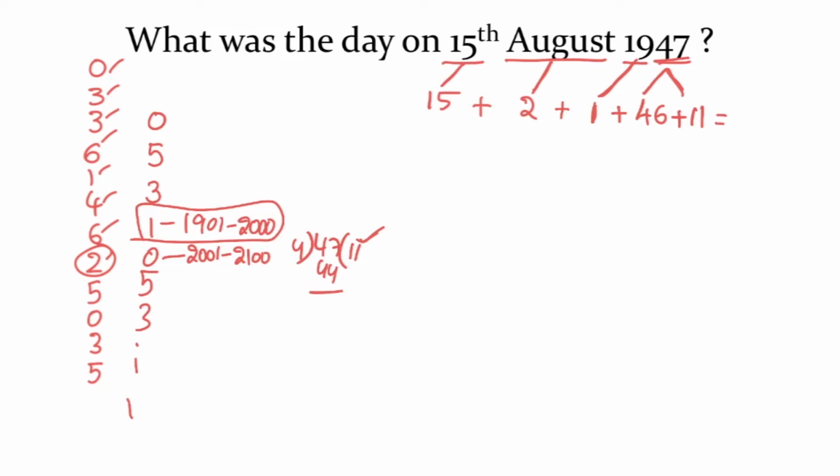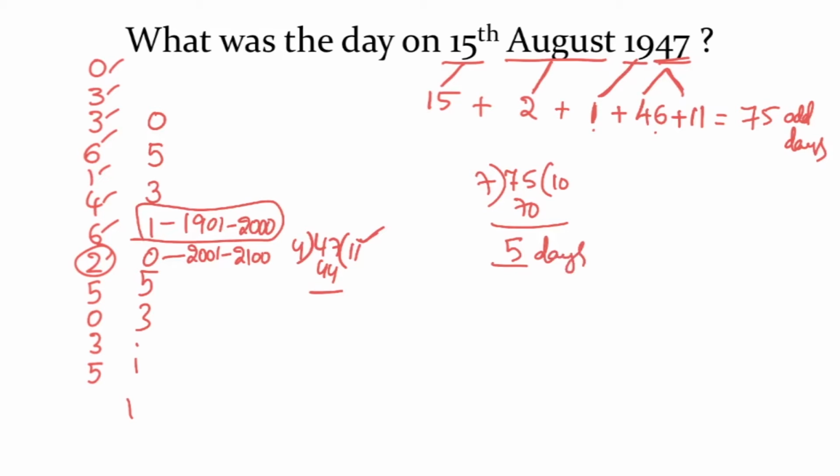All together 15 plus 2 17 plus 1 18, 18 plus 46 64, 64 plus 11 75 odd days are there. 75 divided by 7, 7 10s are 70, 5 days left, and 5th day is Friday. Answer is Friday. 15th August 1947 was Friday.